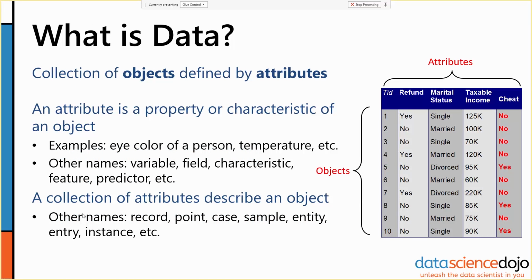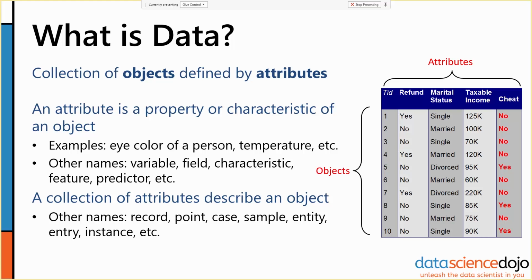So what is data? It's a very fundamental question that we can ask, and here's where our vocabulary lessons start. Data is a collection of objects that are defined by attributes. Attributes are the properties or characteristics of our objects.